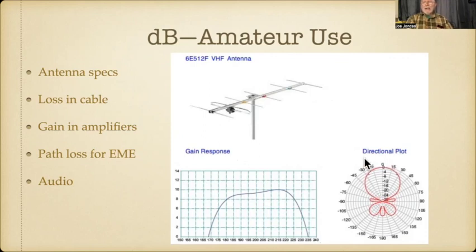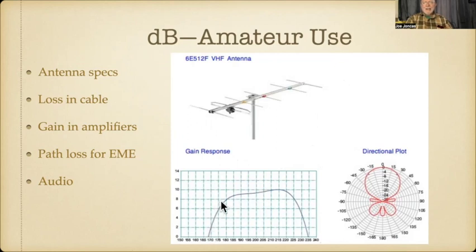But speaking about dB, let's just talk about the different kinds of dB. This is one of the important ones, antenna specifications. Here's a Yagi antenna. This one happens to be a 220 megahertz antenna.